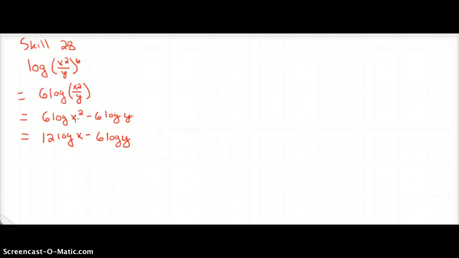Another common mistake would be forgetting to put 6 in front of each of the logarithms when we split it up. Remember, what we're essentially doing in this second step is when I have 6 log of x squared over y, what I'm using my property of logarithms on is really just this portion of it.